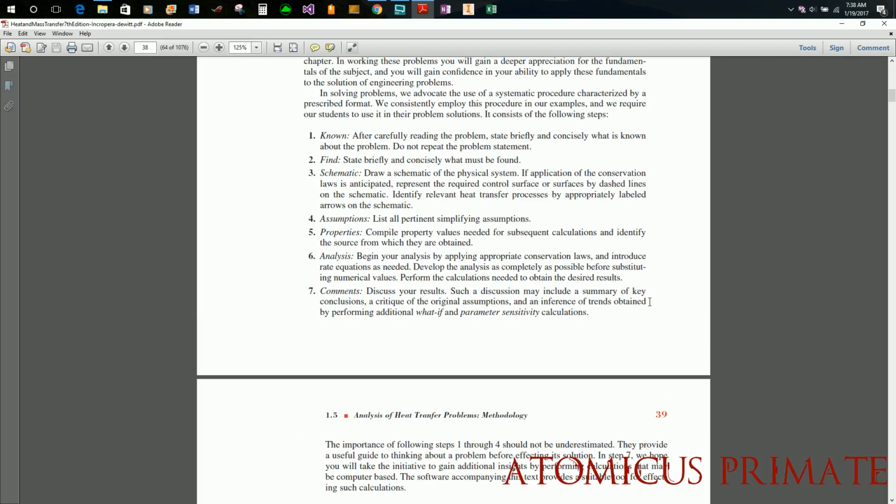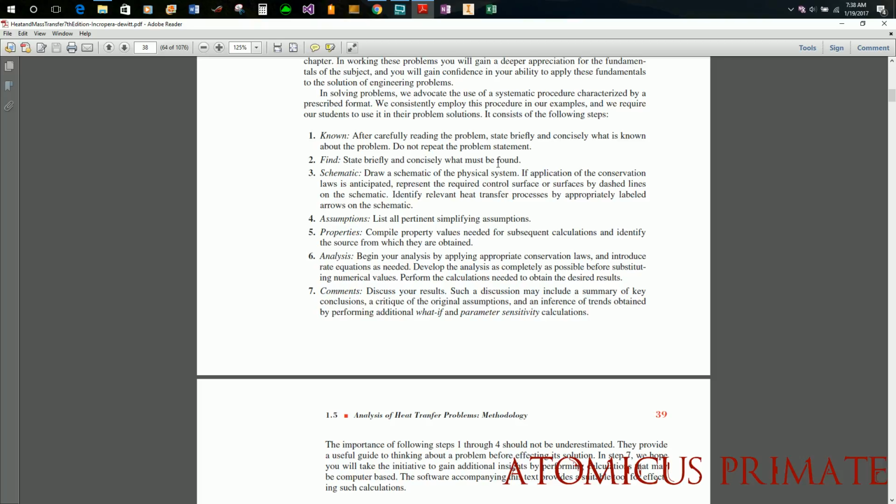I guess I was hoping for more than that. After carefully reading the problem, state briefly and concisely what is known about the problem. Do not repeat the problem statement. Find: state briefly and concisely what must be found. Draw a schematic of the physical system.